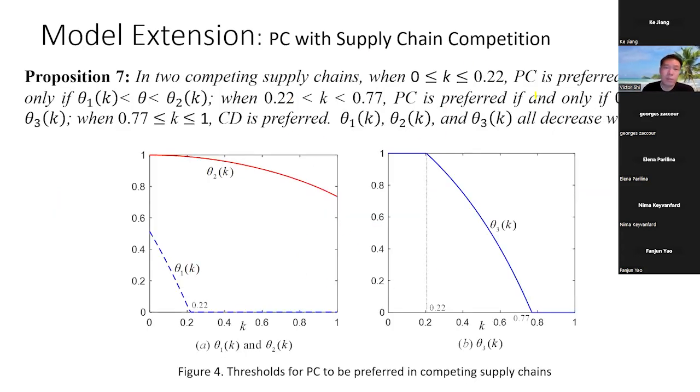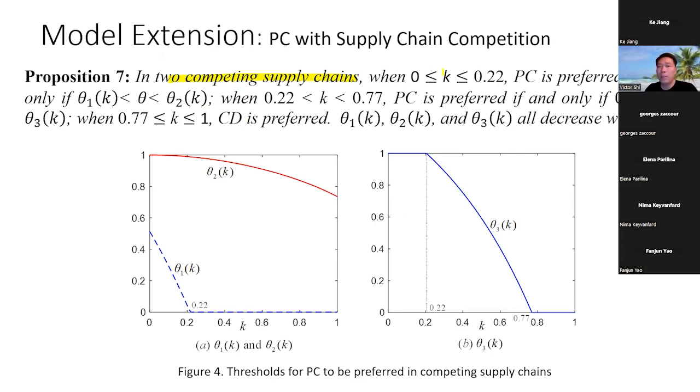We have also done some research for any K, but now with two competing supply chains, and we consider all three options: PC, CC, and CD. The results are a little bit similar.